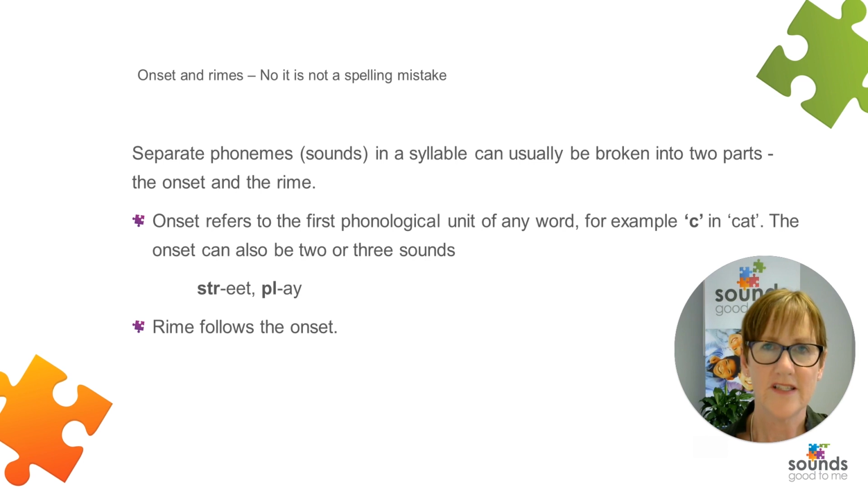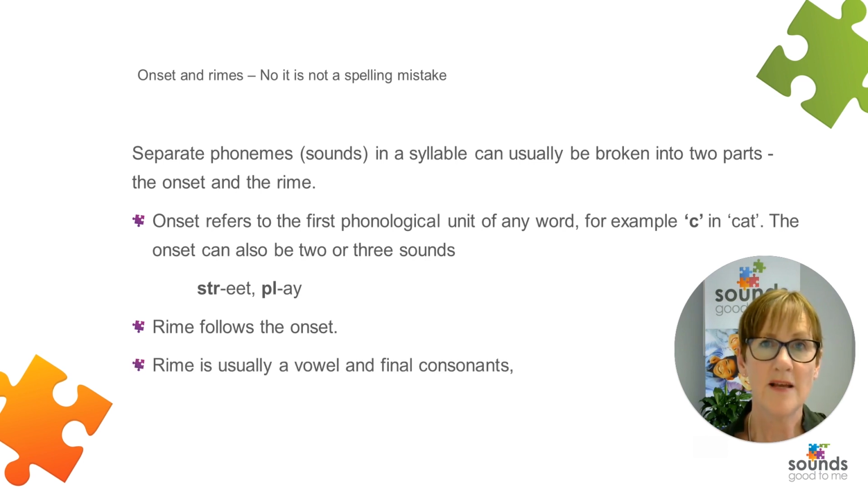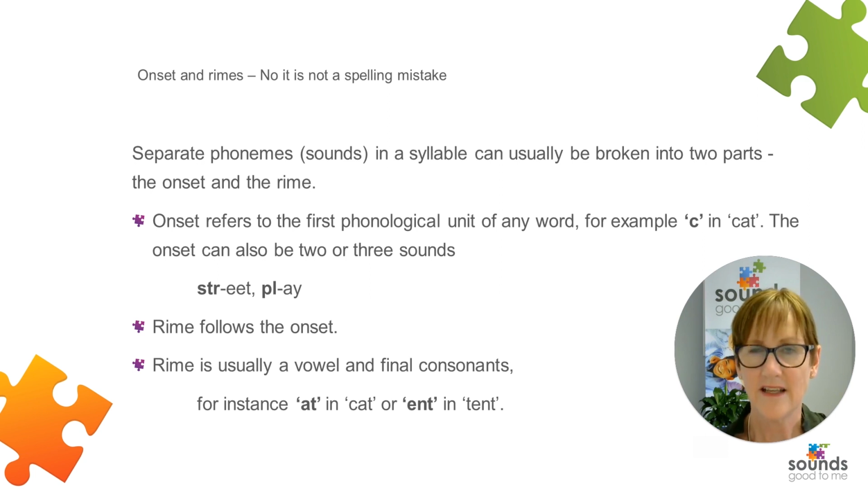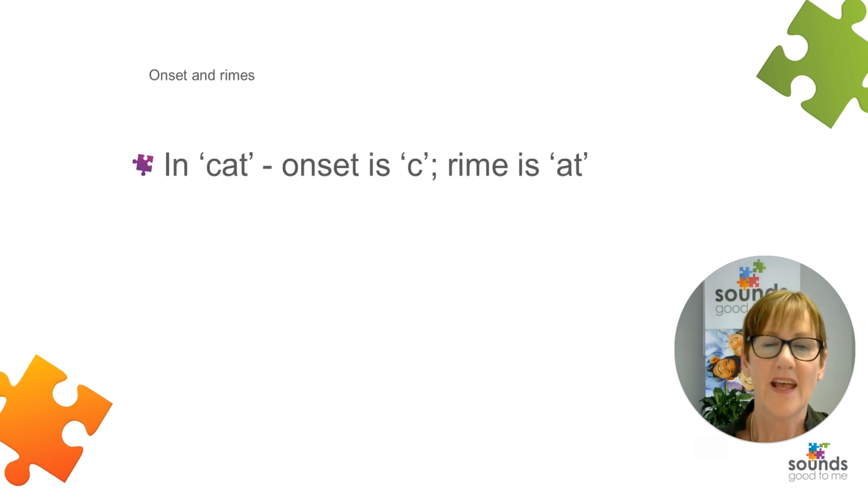The rhyme follows the onset. It's the part of the word that rhymes. So rhyme is usually a vowel and the final consonants. In these examples, in cat, the rhyme is at, and in tent, the rhyme is ent. And in your handout, you can practice figuring out the onset and rhyme in the words there. In cat, the onset is k, and the rhyme is at.